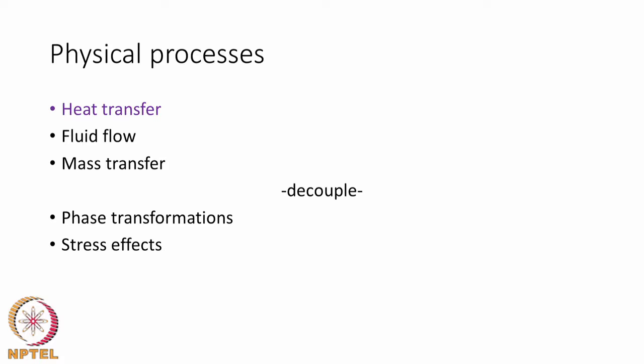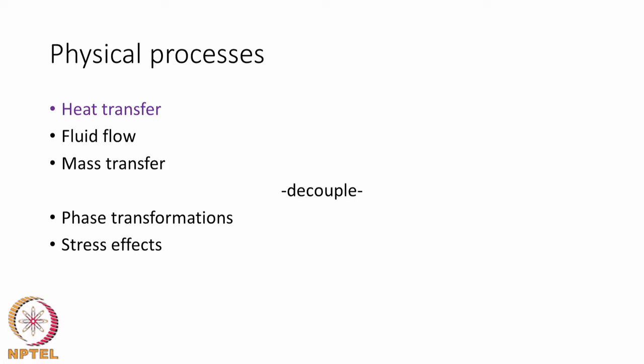The physical processes that take place during welding I have listed here, like heat transfer, fluid flow, mass transfer, and so on. And then during welding, the material usually undergoes phase transformations, and there are also effects due to stress. So, it is very important for us to understand that all these processes are taking place simultaneously. However, it is difficult to solve a problem taking all these processes simultaneously into account.